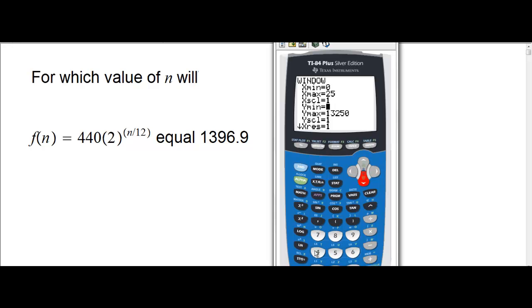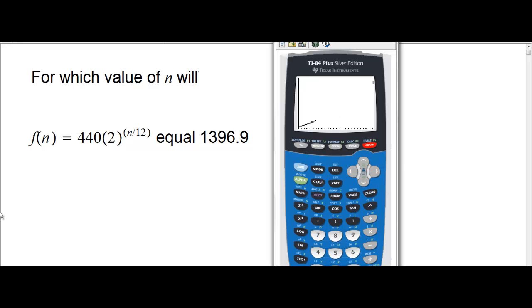And here we are going from 400 to 1800. 400 could easily be obtained by observing that when n is 0, the initial value is 440, so it's good to start at about 400. And we could have seen 1800 here because we wanted 1396, so something like 2000 was a good place to stop. But the table suggested the value 25 to us.